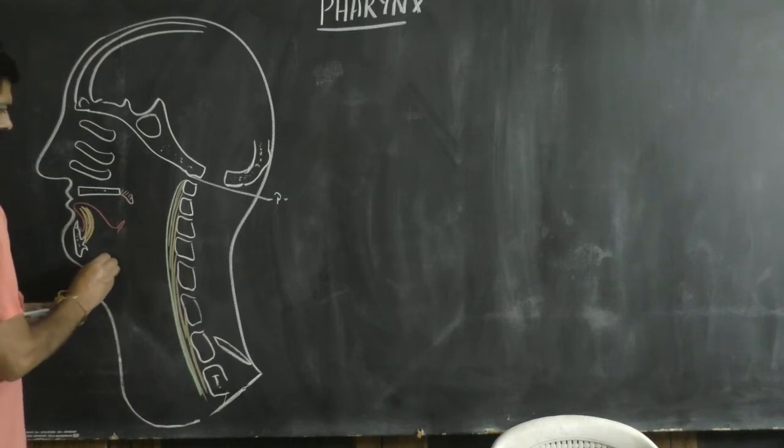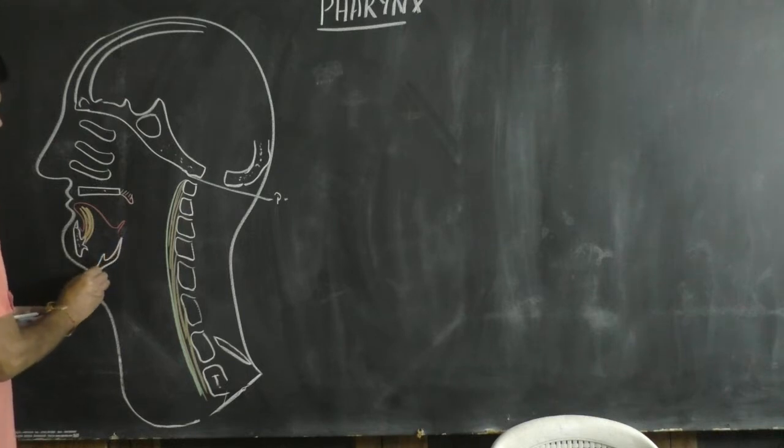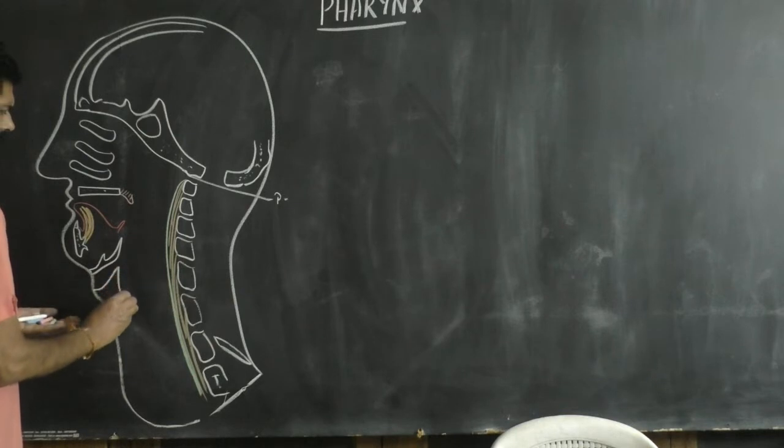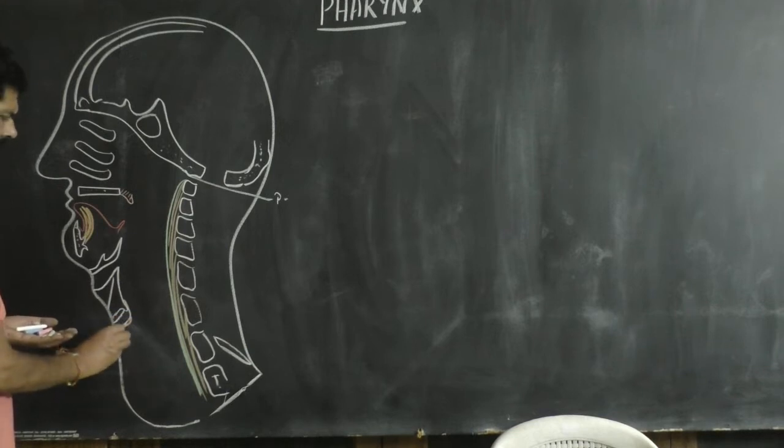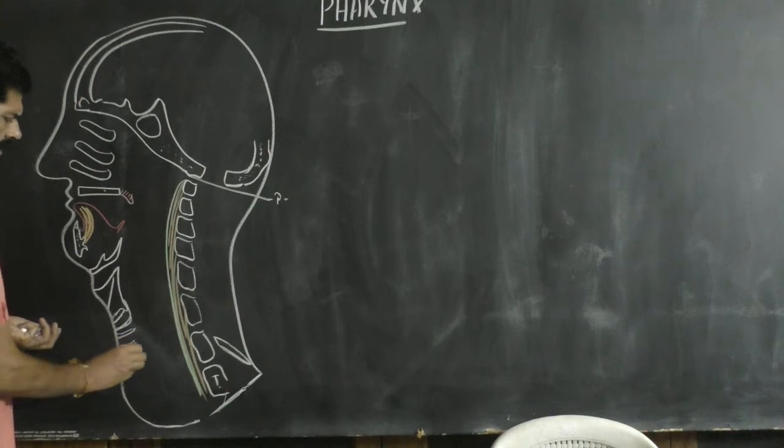Below here lies the hyoid bone with the body, lesser cornu and greater cornu, and here lies the thyroid cartilage with the oblique line on the lamina, and below lies the cricoid cartilage. The lower part of the cricoid cartilage is the start of the windpipe, the trachea, with C-shaped cartilaginous rings.